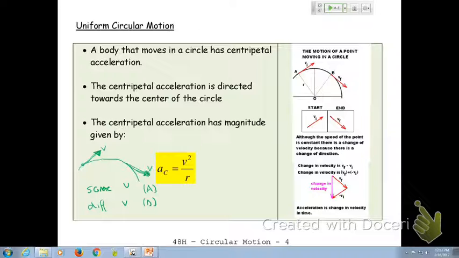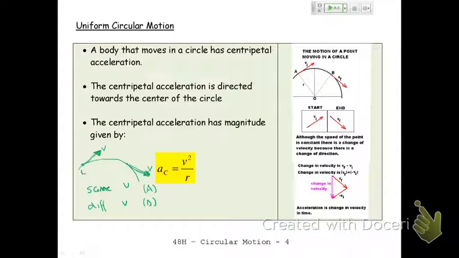Velocity is a vector, which means I not only have to look at the magnitude, but I have to look at the direction. Do these have the same magnitude? Do they have the same direction? No. So there is a change in velocity. V final minus V initial will not be the same. It happens over a certain period of time. Agreed? This is T initial. This is T final. This is V final. This is V initial.